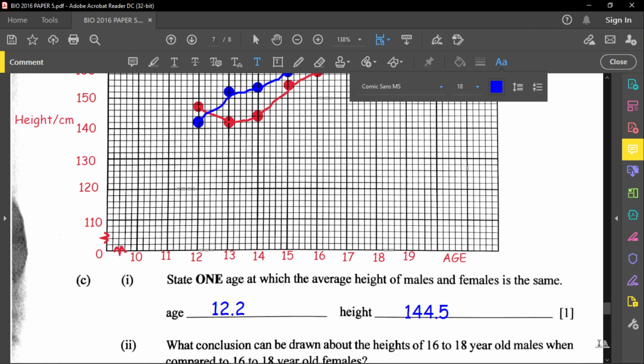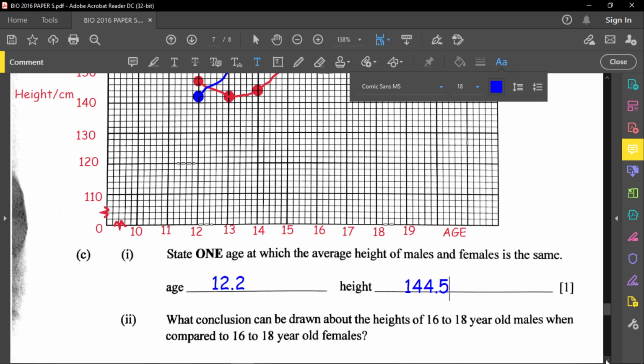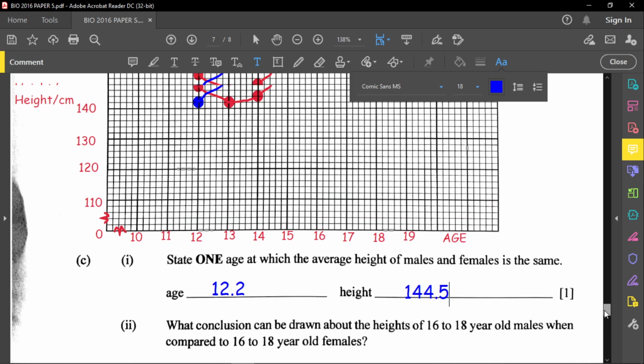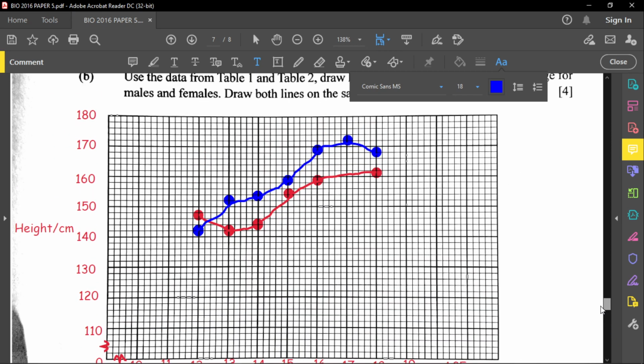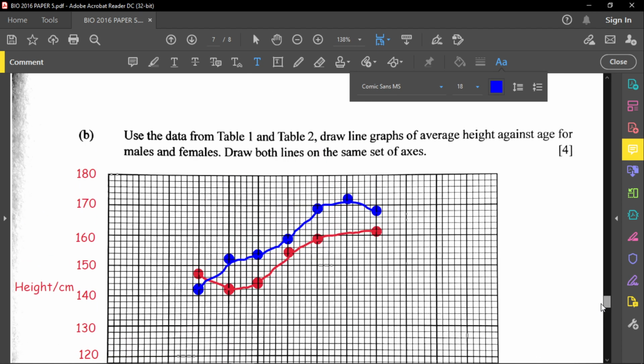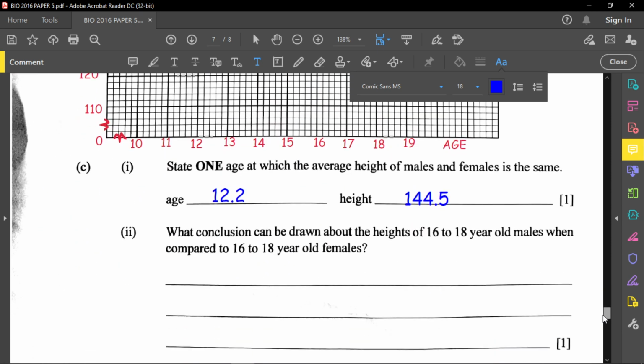All right. Part 2: state what conclusion can be drawn about the height of 16 to 18-year-old males when compared to 16 to 18-year-old females. Looking at the graph, you'd realize that at the last two ages, the males, in blue, are generally higher than females.